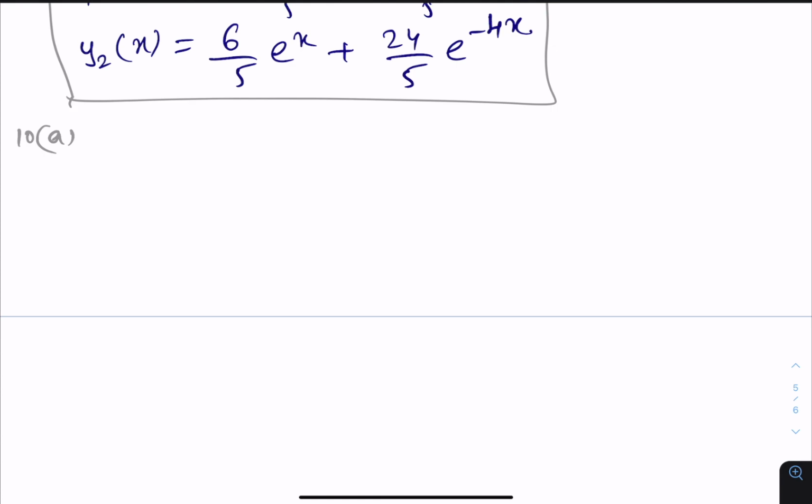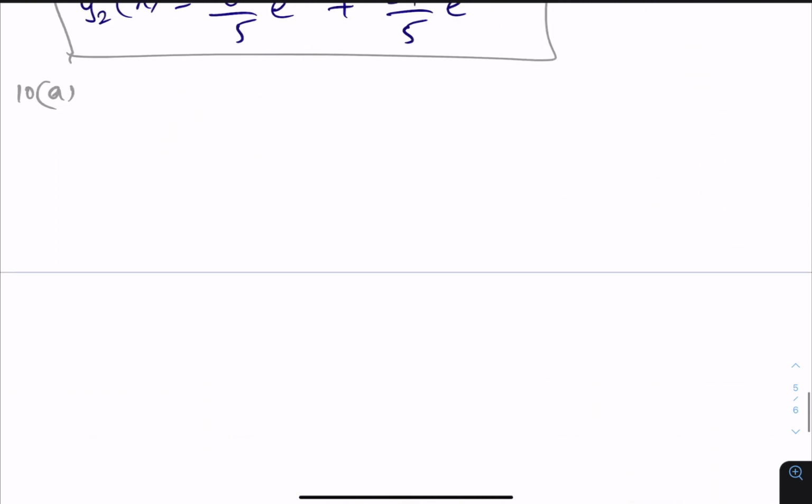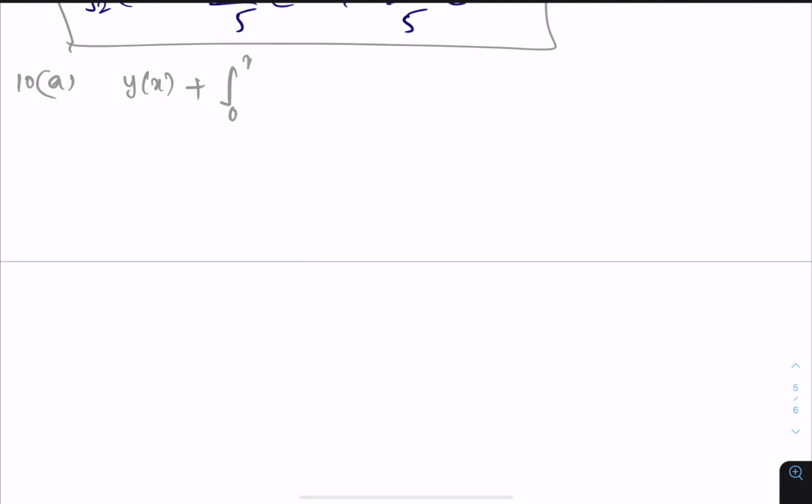So in 10a, the equation given is y of x plus the integral from 0 to x of y of tau d tau equal to the Heaviside function of.